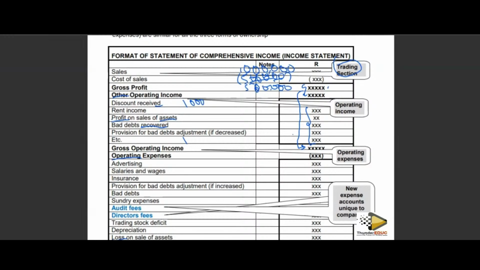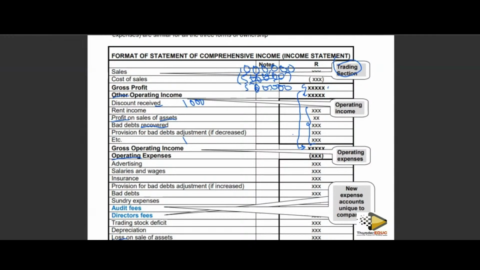Those are what we call the operating expenses. Remember, you cannot run a business without incurring expenses. And the meaning of an expense is paying out money in order to run your business.